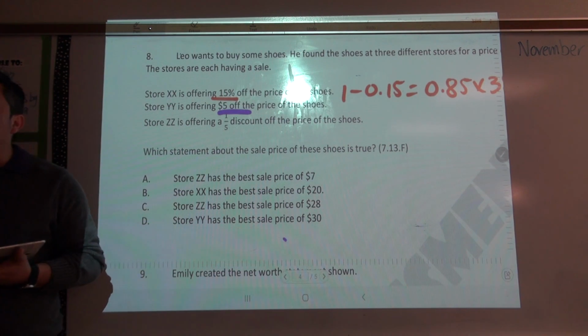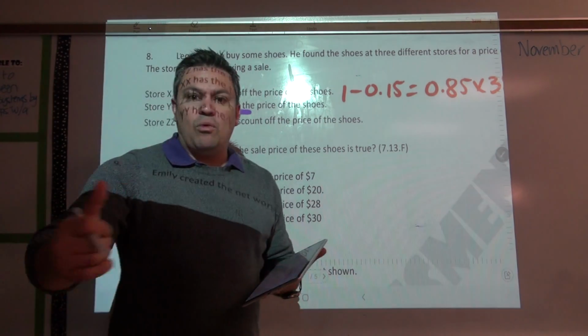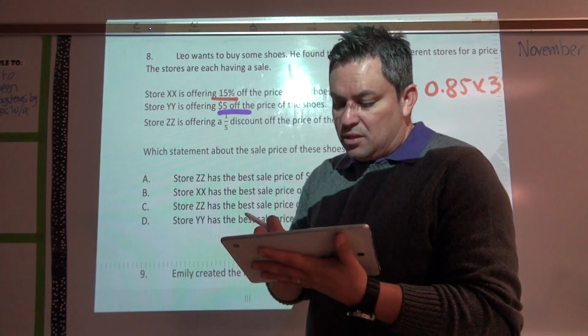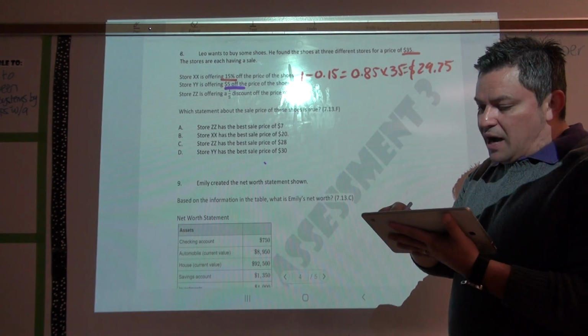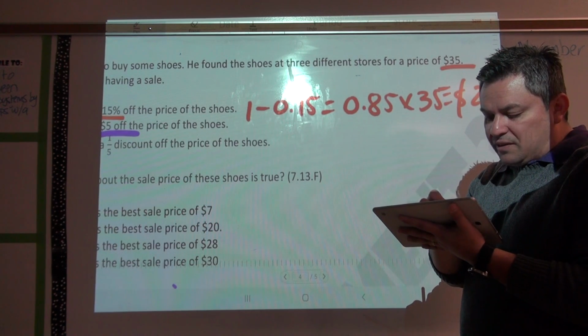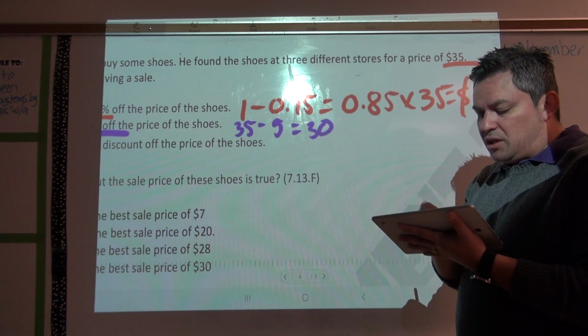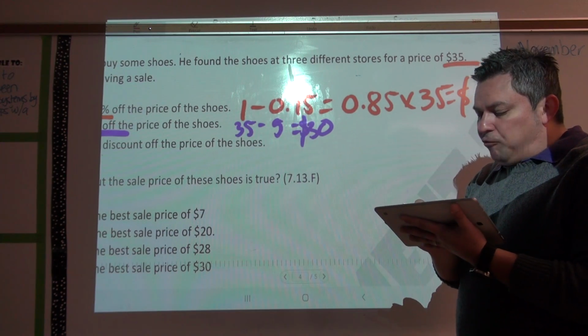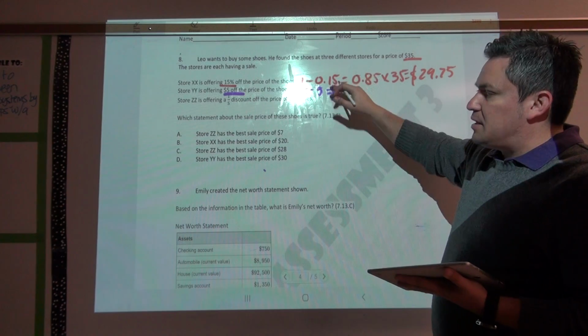They're just giving you $5 off, right? So they just take away $5 from the price. The shoes are $35, so $35 minus $5 gives you $30. So far, the first store is a better buy than the other one.